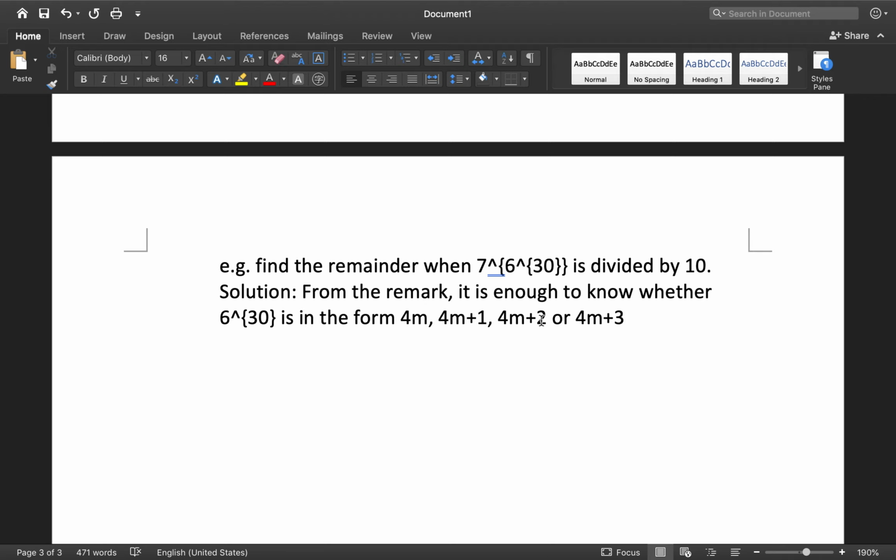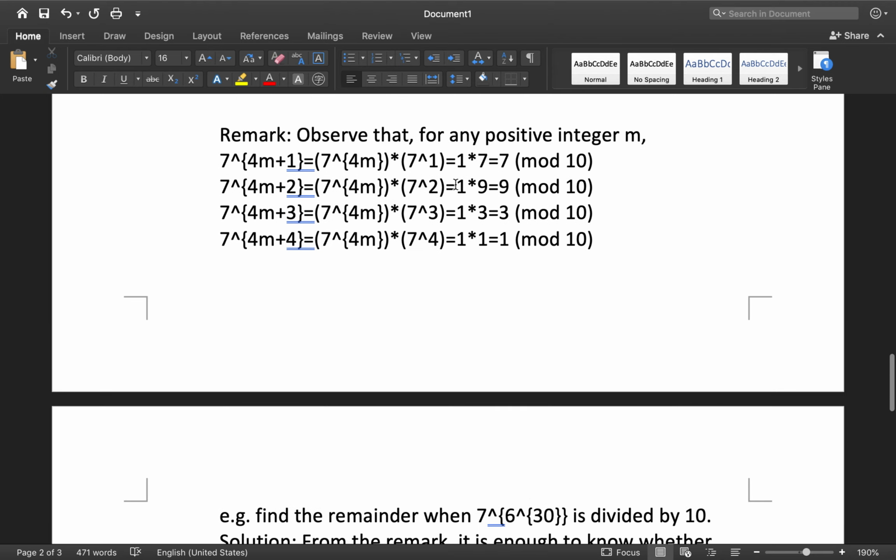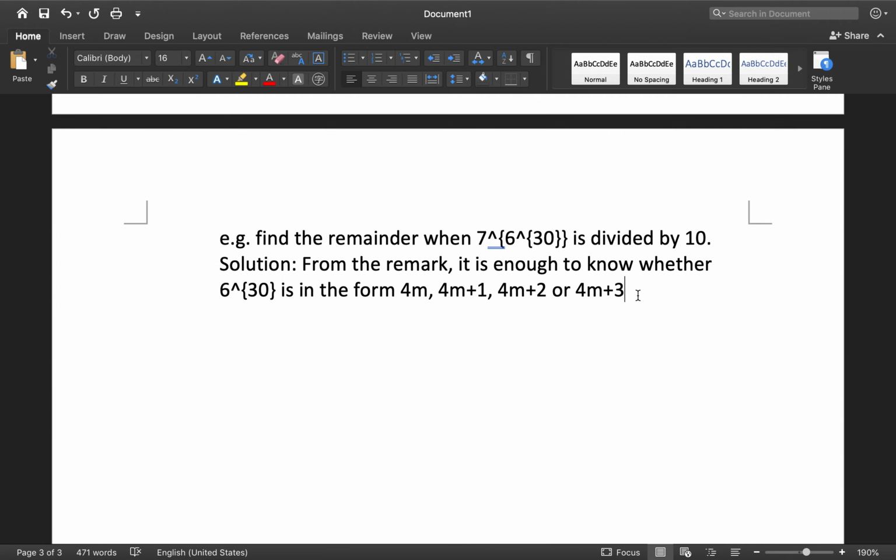No other choice, because a number is either divisible by 4, or after you divide it by 4, you have a remainder 1, or remainder 2, or remainder 3. So once you know the exact form of 6 to the power 30, then you know what 7 to the power 6 to the power 30 should be, because you can check this cycle.